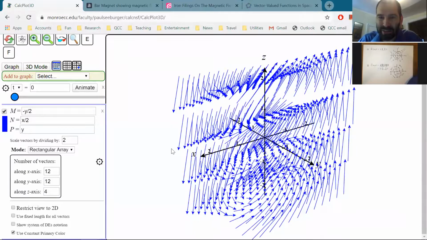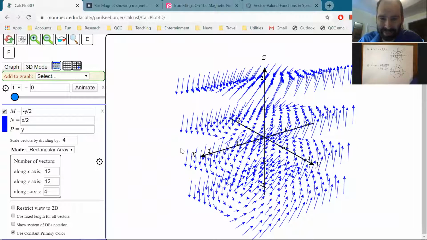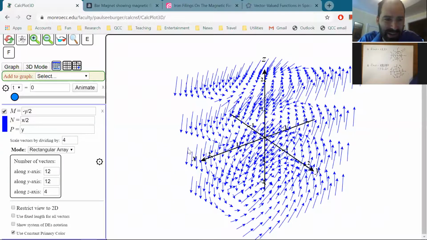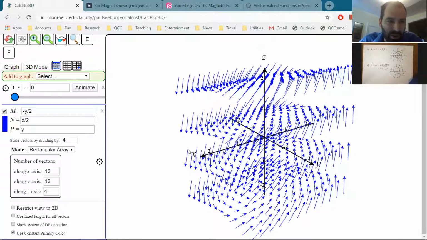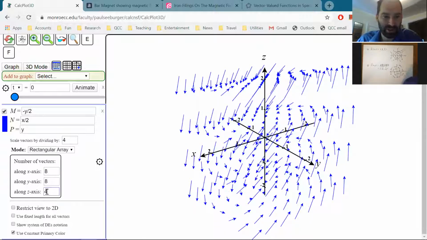And so you can actually define vectors. This is where we need to start scaling our vectors and making them smaller, because when they're long, it starts getting hard to see. I've got it set to only put 4 rows of vectors going up and down. Let me even cut down the number of vectors in the X and Y directions. And let's make it uniform.